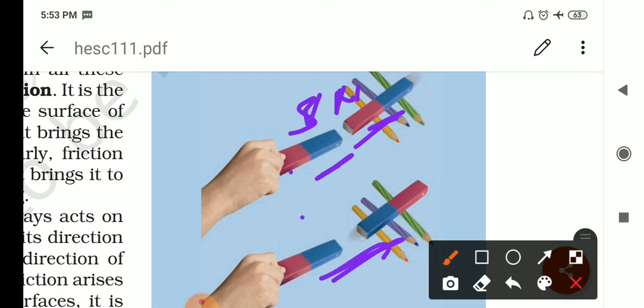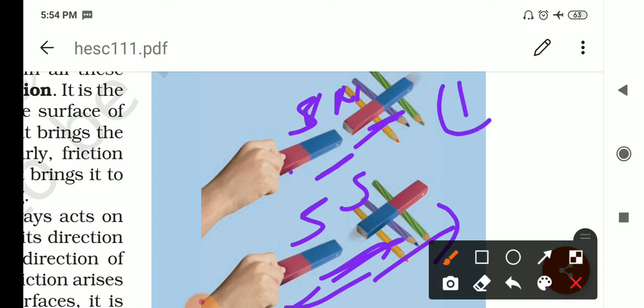Now in this one you can see both are the same poles. This side is also blue, this side is also blue, so both are the same type of poles. In this case, the force of repulsion will act. In the first one, the force of attraction is working, and in the second case, repulsion takes place. Both will go apart from each other.